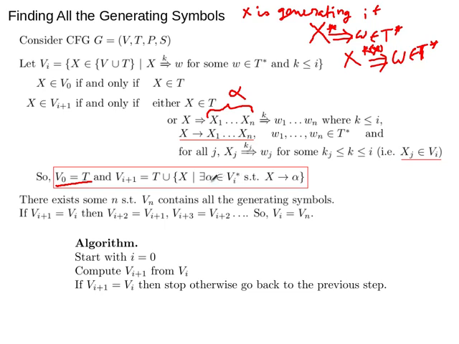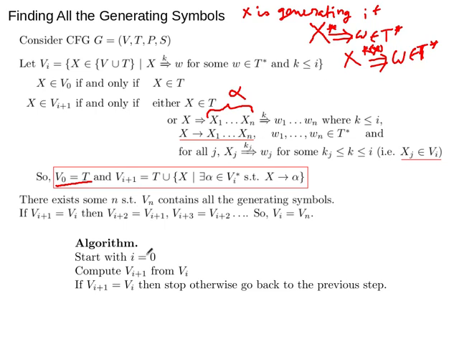So this alpha in Vi star means all the symbols here are in Vi, right? So yeah, this is precisely Vi plus 1. In this way you can recursively compute this.